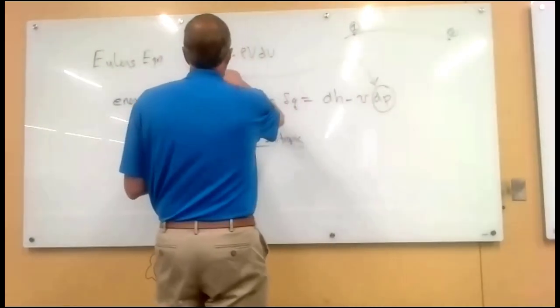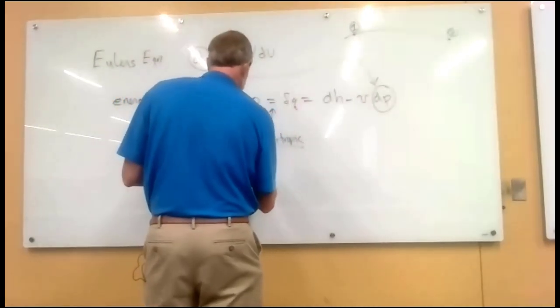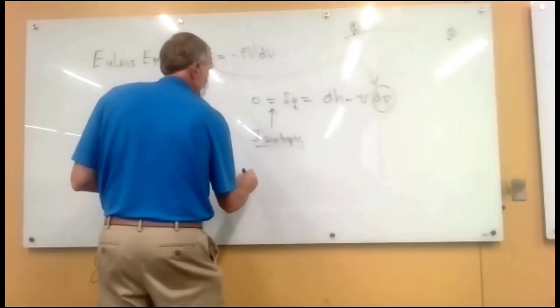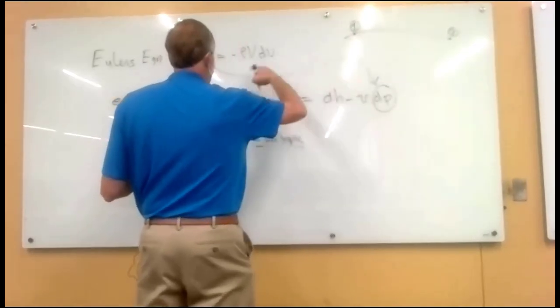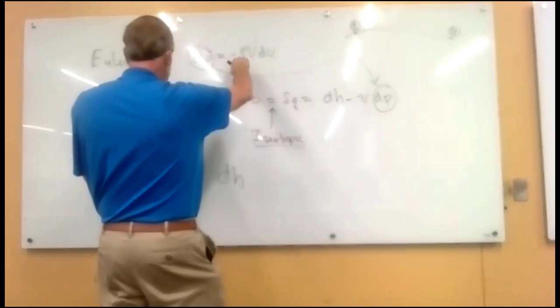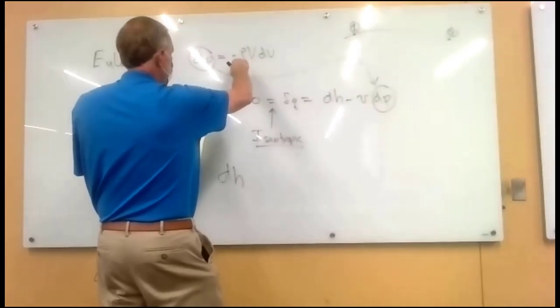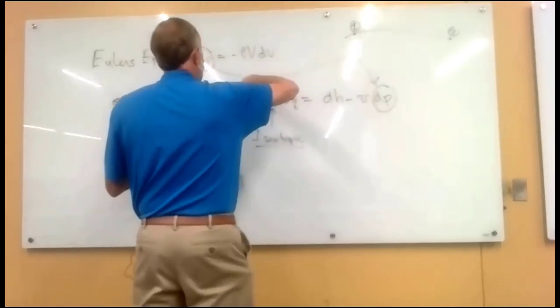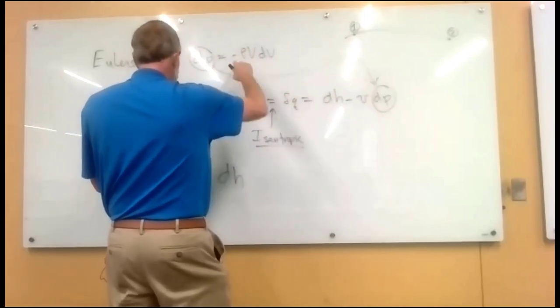All right, so if we plug that in there, we get dH on this side. We move that over to the other side. We're still going to have a minus because we have a minus. The minus goes over here, it becomes a plus, but then we get a minus here.